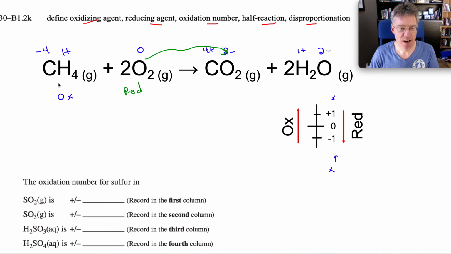So our methane is being oxidized, but it causes our oxygen to get reduced. So this is our reducing agent, and we have our oxidizing agent in oxygen. And you will always find elemental oxygen as an oxidizing agent. So we used oxidation states, we figured out what got oxidized, what got reduced, and we've identified the agents in this combustion reaction.